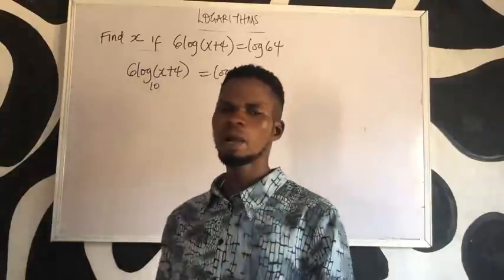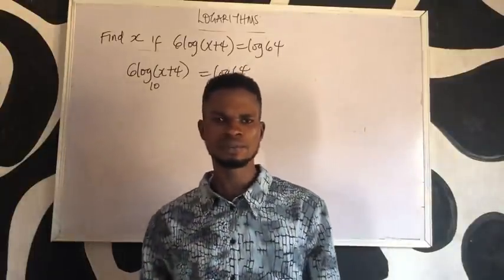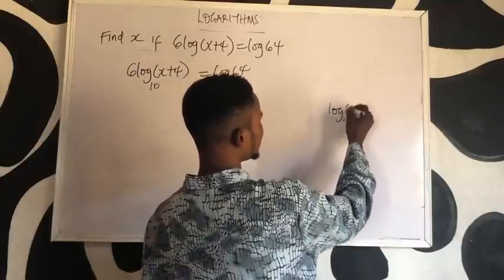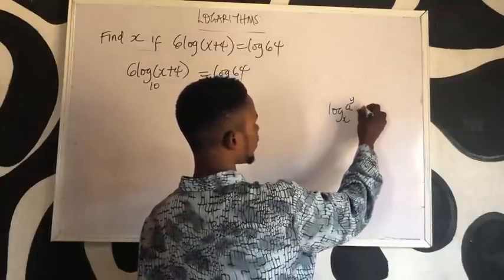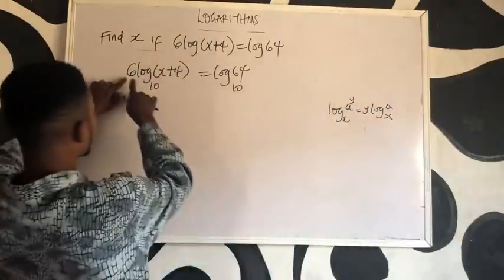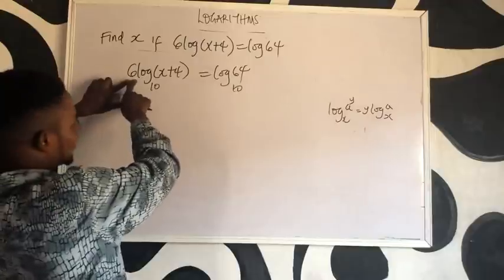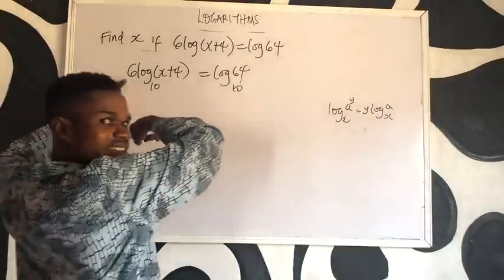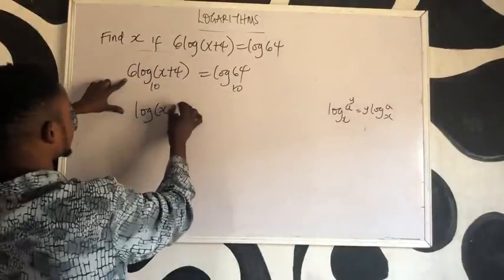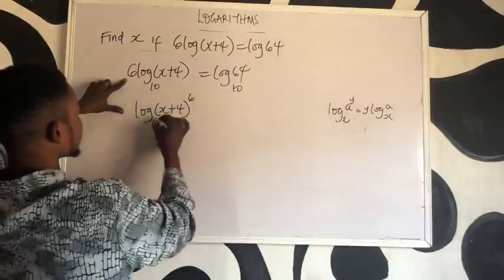And remember the power law of logarithm. When the logarithm of a number is raised to a certain power, the power will multiply the logarithm itself. Now, the power here has multiplied the logarithm itself. Let's reverse the law. Log (x plus 4) to the power 6 base 10.